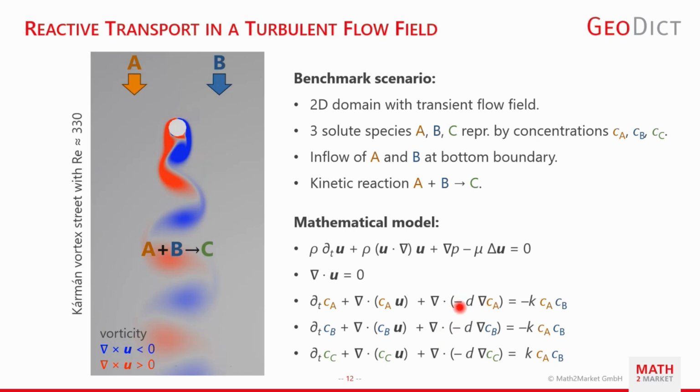We could also give them different diffusivities, but it's not interesting in this case. And on the right, we have the reaction term, which is in this case also nonlinear. It's a quadratic term. You see the concentration of A and the concentration of B have to be both positive in order for the reaction to occur. And then second, you also see mass conservation. So this term is a negative term for A, a negative term for B, and a positive term for C. This is exactly what represents this very simple benchmark reaction.